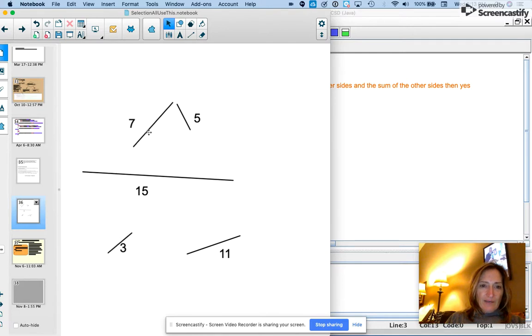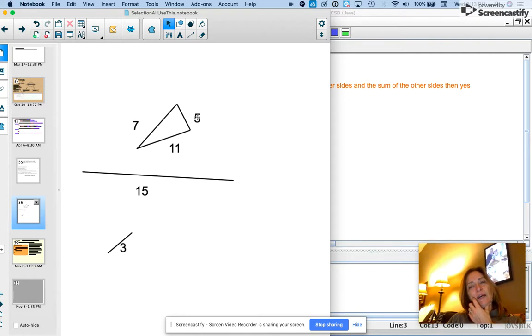If I have these lengths 5 and 7 and the third length is 11, look how nicely that makes a nice triangle, because 7 plus 5 is 12. And so if it's in between 7 and 5, it will surely make a triangle. Same with 3. 7 minus 5 is 2.